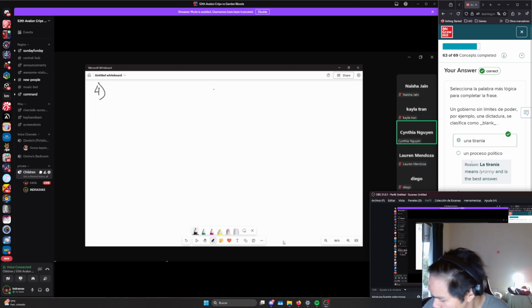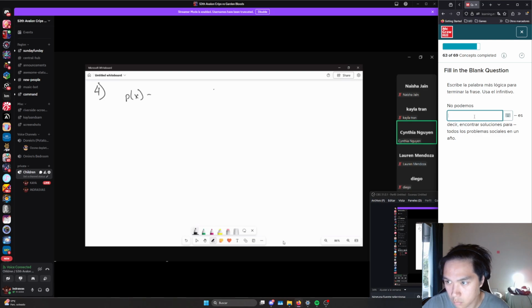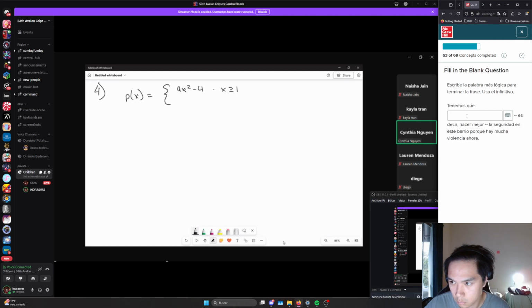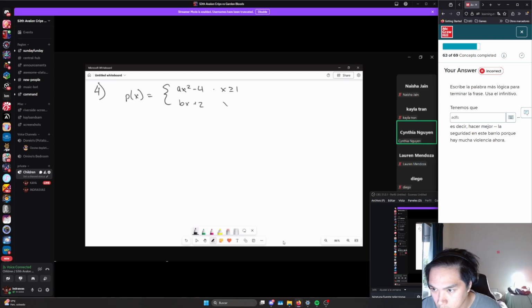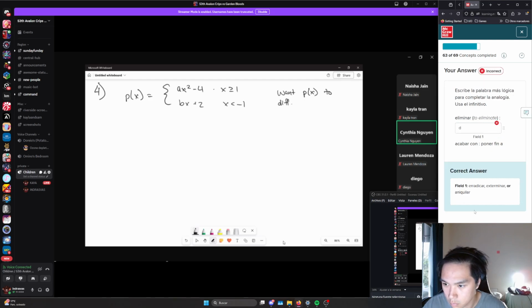So to explain it, p of x is the piecewise function: ax squared minus 4 when x is greater than or equal to -1, and bx plus 2 when x is less than -1. You want p of x to be differentiable at x equals -1.